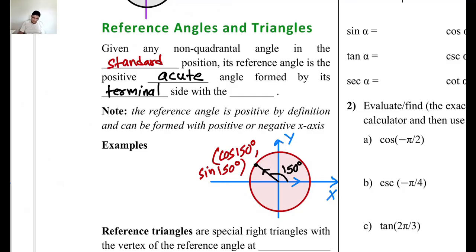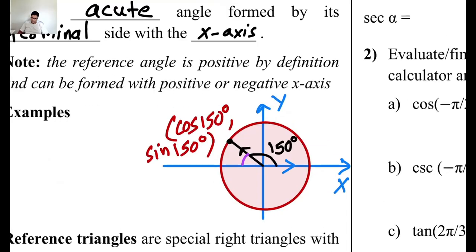The terminal side here is that one. Now you have to understand something very important. We are not saying made with the positive x-axis. Made the acute angle, so less than 90 degree, and made with the x-axis, could be positive, could be negative.